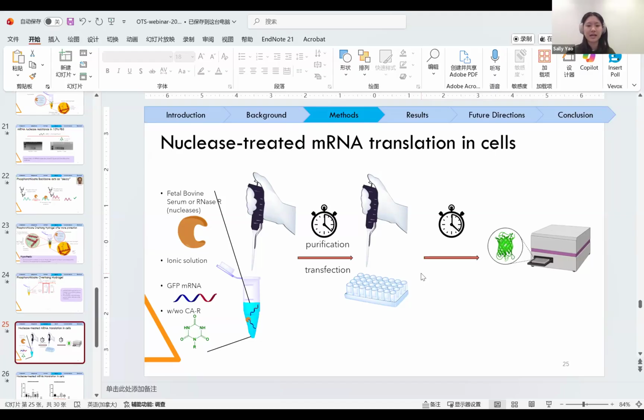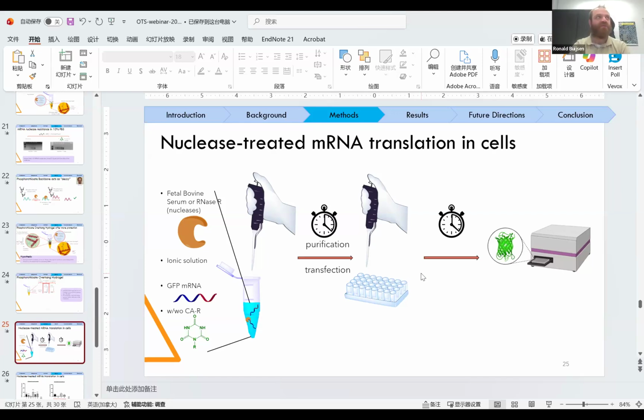We haven't tested its stability, or had the chance to see the structure itself in cells or in humans, because we're not at that stage yet. For the cell work here, we did the nuclease test on the bench, then we transfected just the mRNA itself into cells.